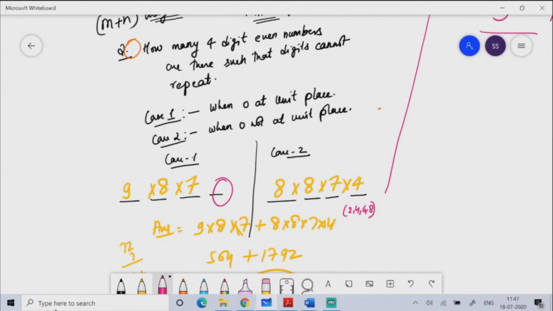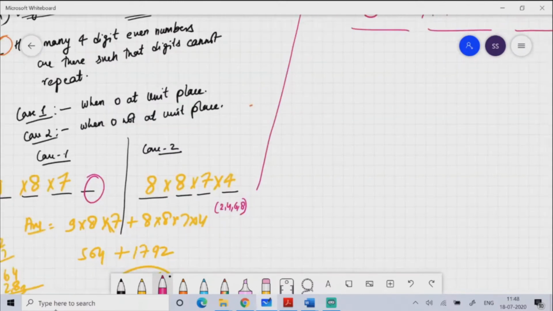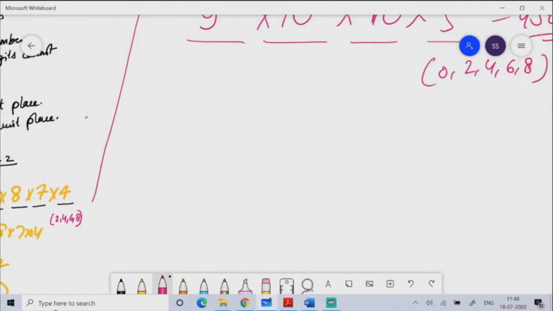If the digit cannot repeat, then you need to be very cautious with the use of digits, because once you use a digit, you cannot use it again. So we'll give priority. We'll draw 4 lines. A number is even if it ends with 0, 2, 4, 6 and 8.